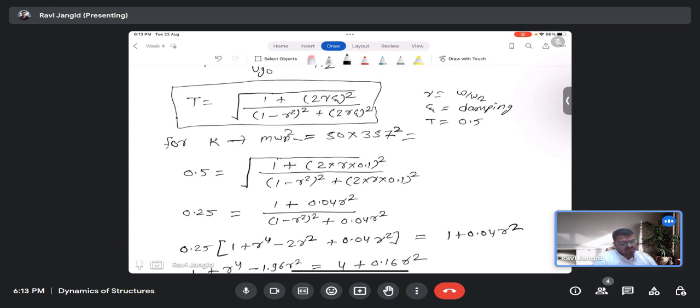So that would come out to be 6386927.7, or you can write it as 6.37 into 10 raised to power 6 Newton per meter.